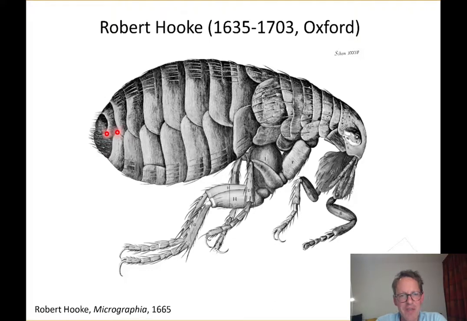So this is the image of a flea, and down in the corner on the right-hand side, you see a photograph of a flea, and you can see how amazingly accurately he was able to draw the details of this animal, which of course was impossible to be seen without the invention of the microscope. So you can see why people became fascinated and why people looked at the images that he produced in Micrographia with great fascination.